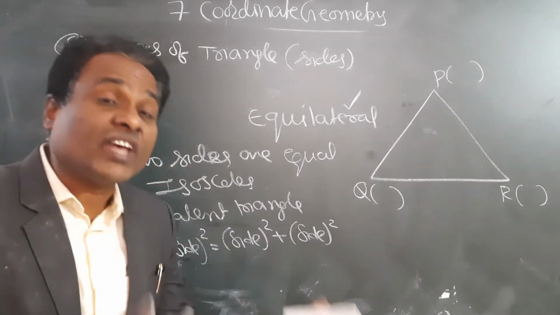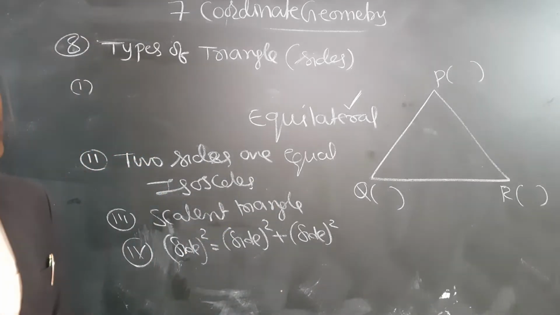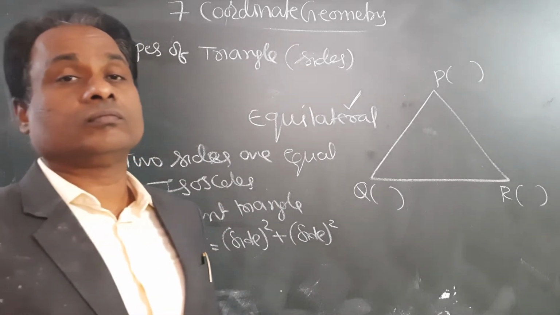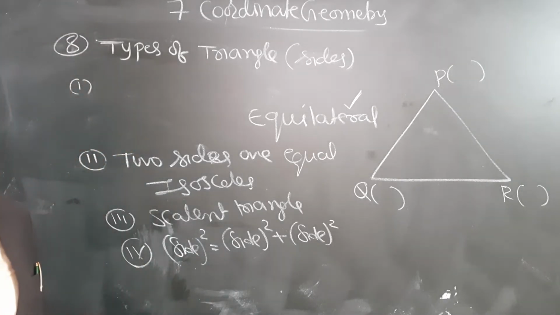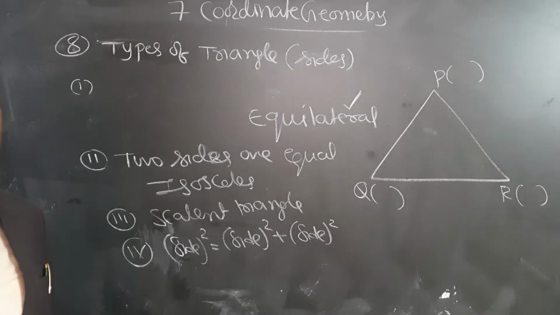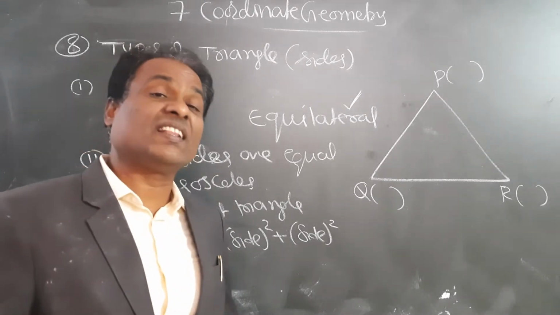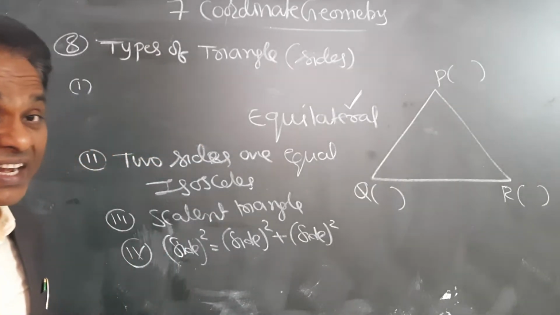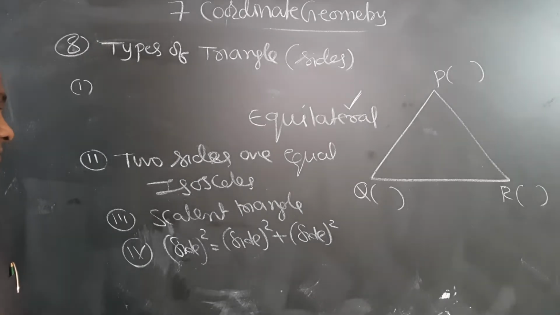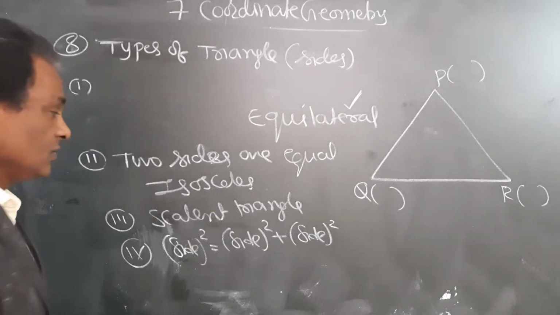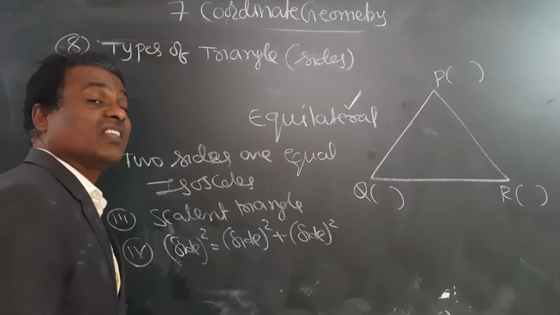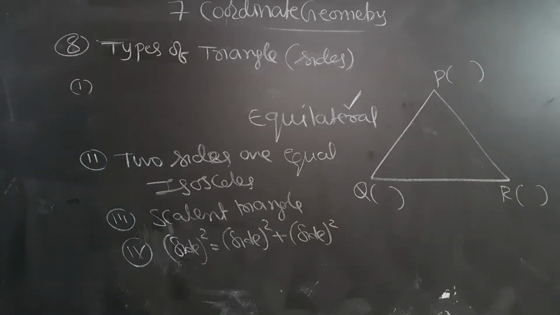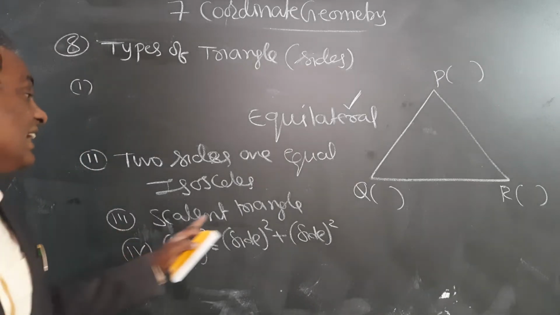If no 2 sides are equal, within bracket all are different lengths, then it is called a scalene triangle.